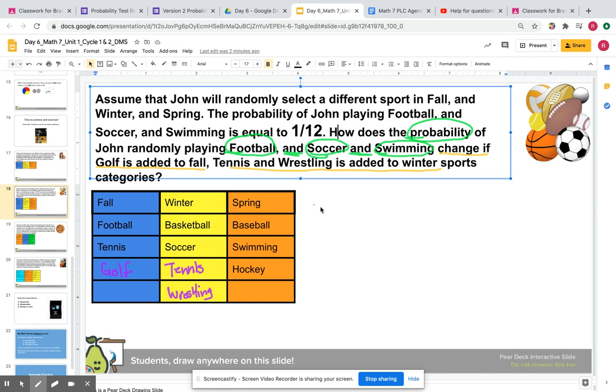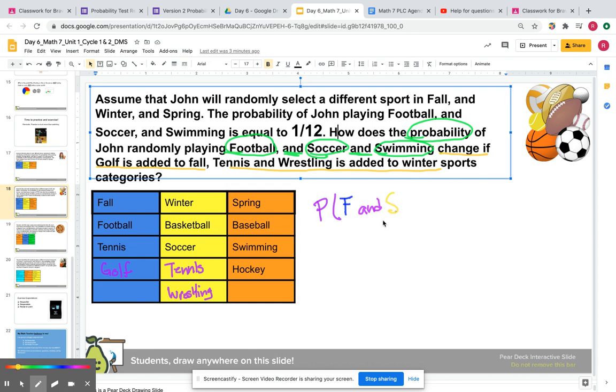So, anyways, let's go back to what we're finding: the probability of randomly selecting football, and I'll use blue for that, and the probability of picking soccer. For soccer, I'm going to use a weird yellow so you could see it.